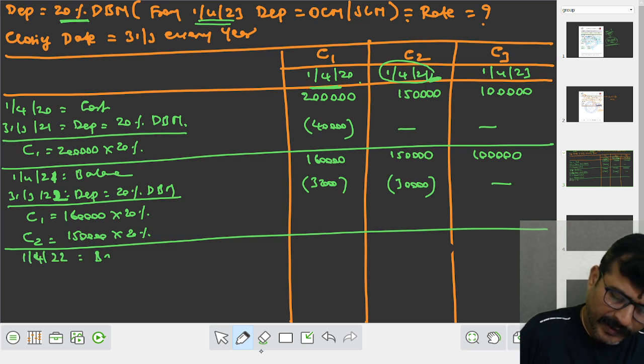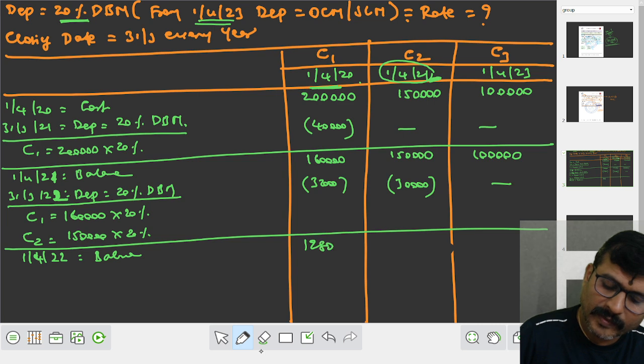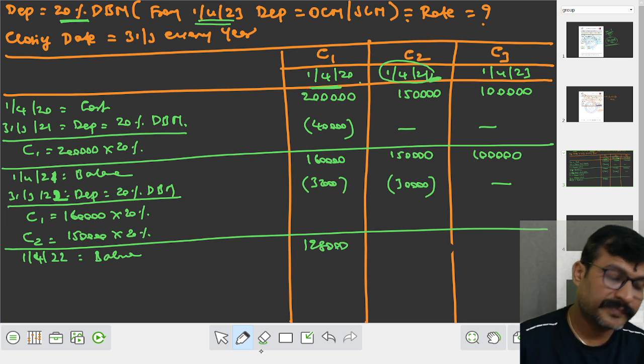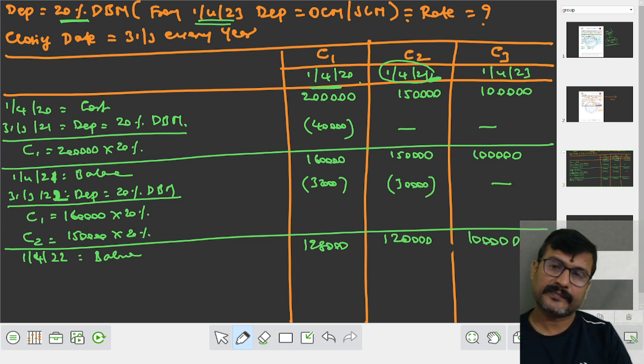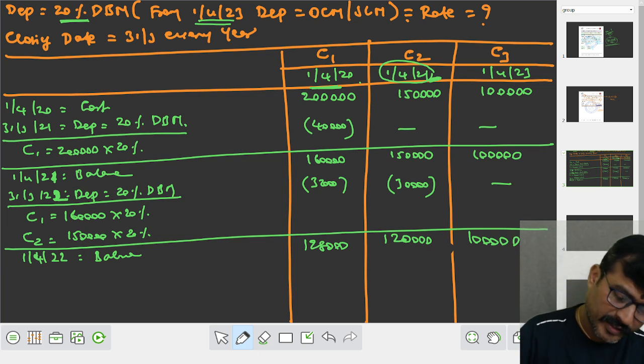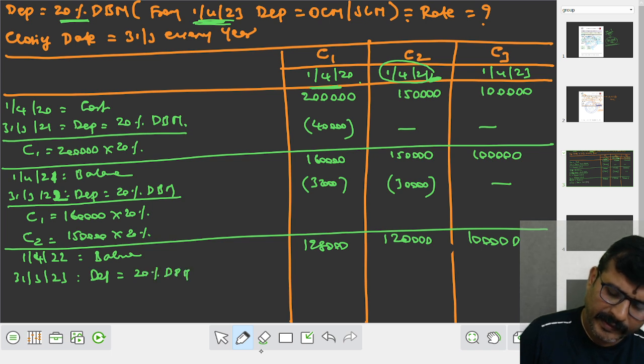Now the date is 1st April 22. Balance 1,28,000. This is 1,20,000. 1 lakh. Right? The method of depreciation is changed from April 23. Now, 31st March 23. Still depreciation 20% DBM method.